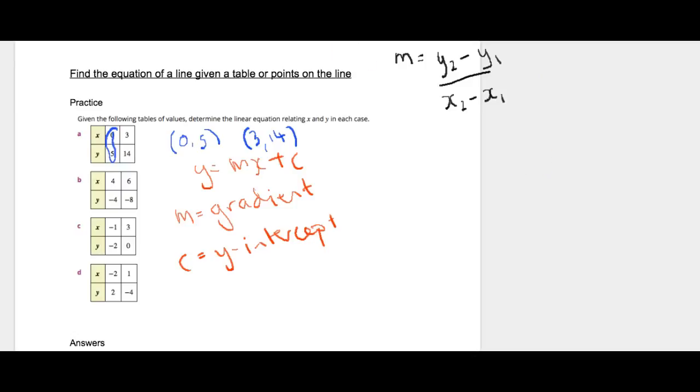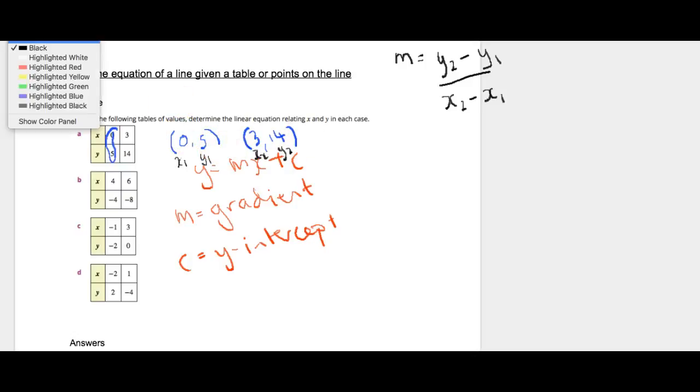Now, some people, when they start doing the gradient, and you did do the gradient prior to year 10, do write x1, y1 underneath the points. Whoops, that should be a 2. x2, y2. You can write that so you know which one's which, but because you've done this before, you probably won't be doing that.